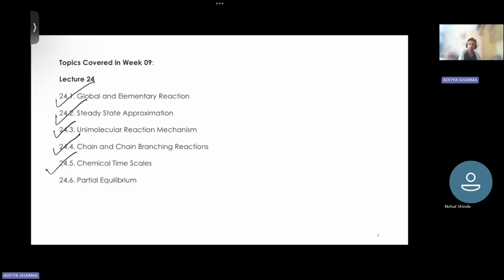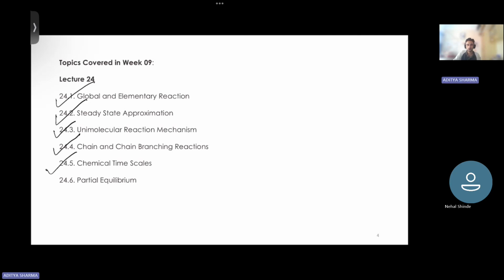Comparing that with the time scales of the reaction enhances the analysis of the whole reaction that you're studying. From that perspective, the chemical time scales have been discussed, and then the expression for the characteristic chemical time. All this is given under the heading chemical time scales.